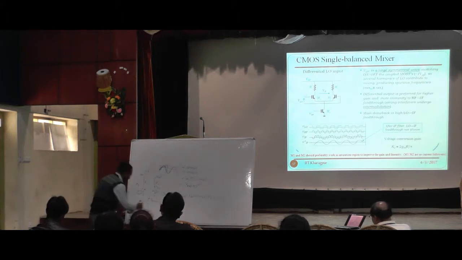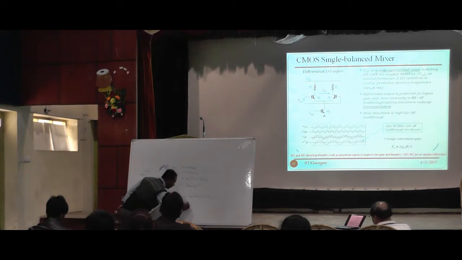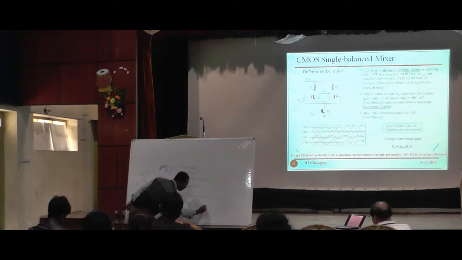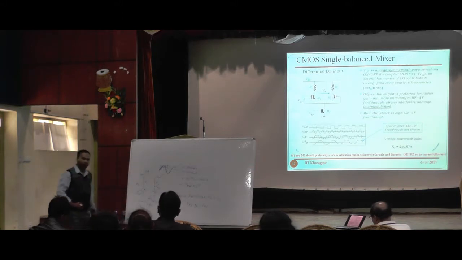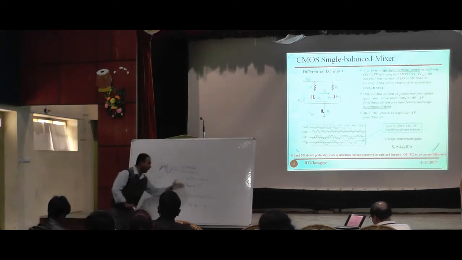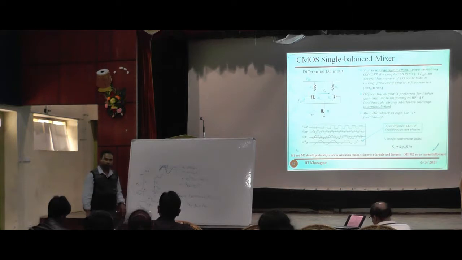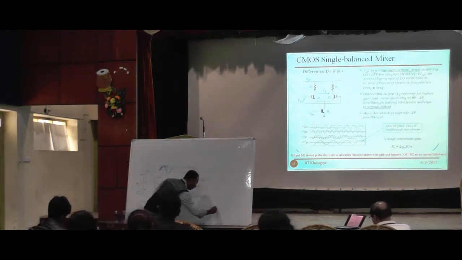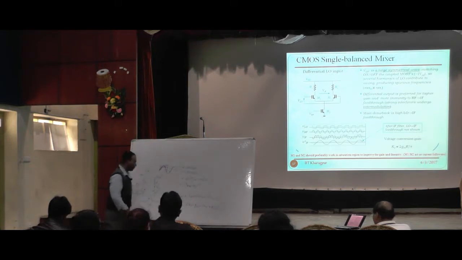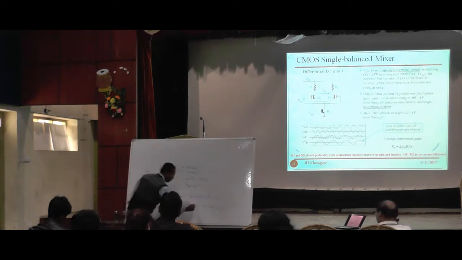It's simple: if you know the transconductance of this transistor, VRF into gm is IRF, and IRF into RL is the VL. And probably you know that VL by VRF is nothing but gm into RL in a standard way.